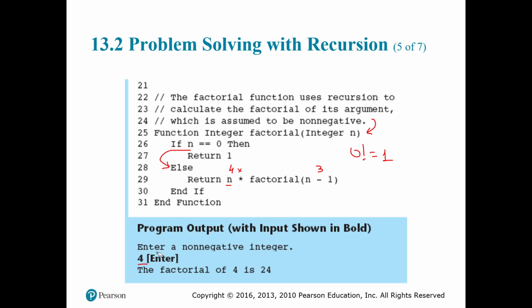So what will happen eventually after all of these calls? This is going to happen: 2, 1. This is all that's going to happen. So 4 is going to be multiplied by 3, multiplied by 2, multiplied by 1. And at the end, you will get a 24. The factorial of 4 is 24. You can calculate it yourself. You'll get 24.